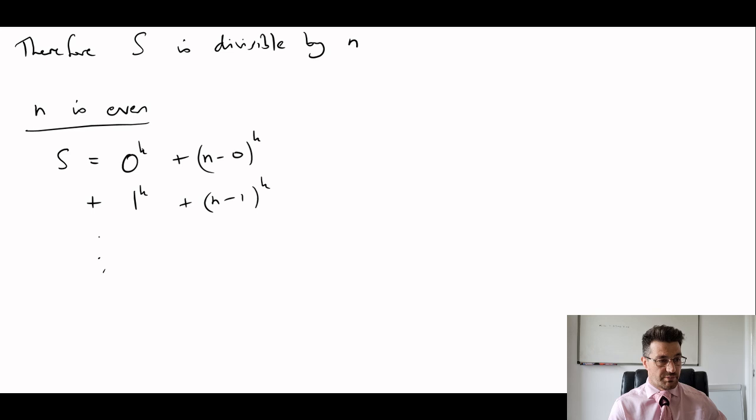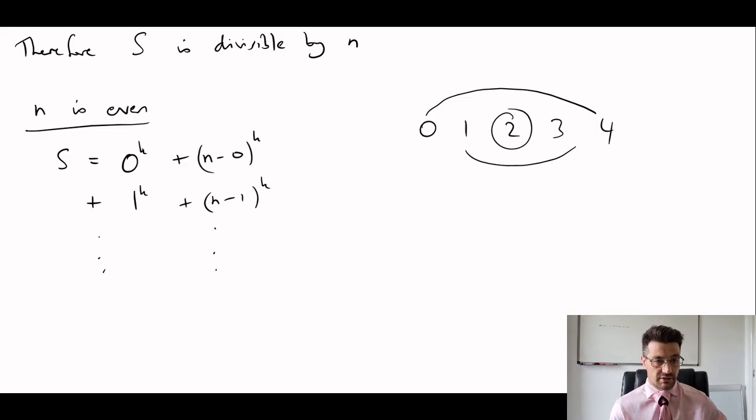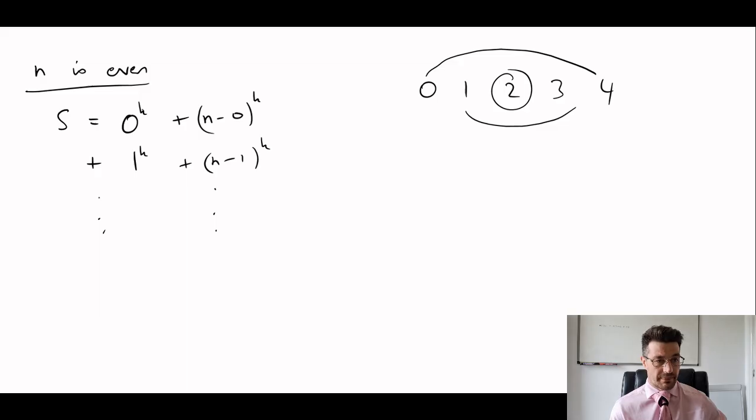But here we've got a bit of a problem, because if we think about the numbers 0, 1, 2, 3, 4, and we start pairing these off, we get a number in the middle all on its own that we can't pair off. So the final pair that we can pair off is n over 2 minus 1, sorry, to the power of k, plus n minus (n over 2 minus 1) to the power of k.